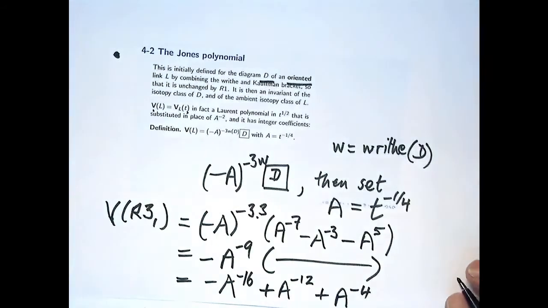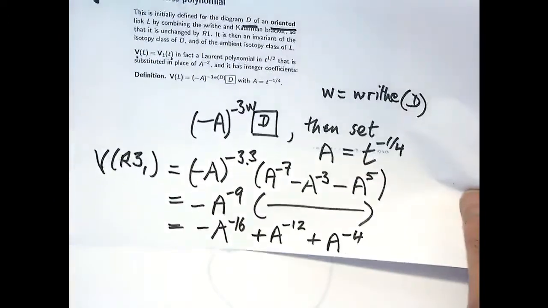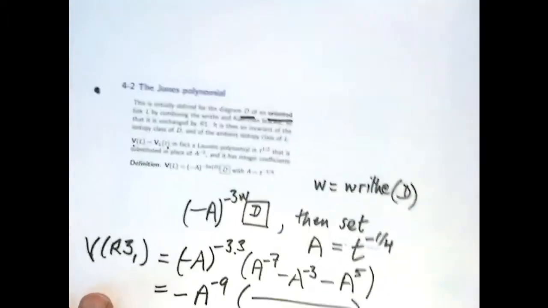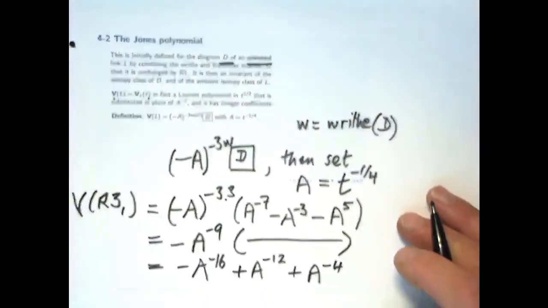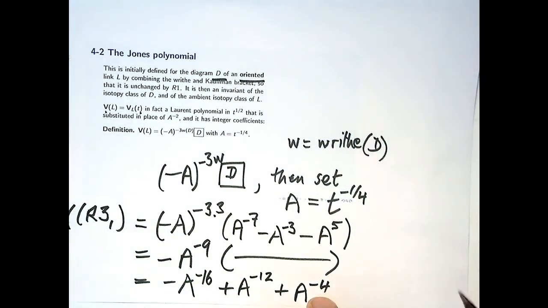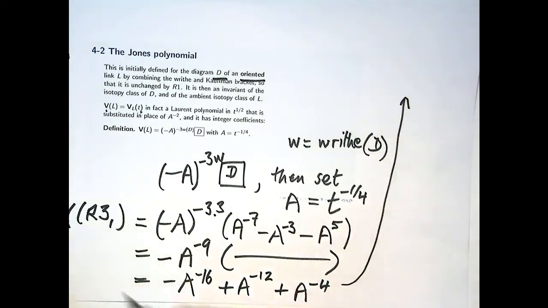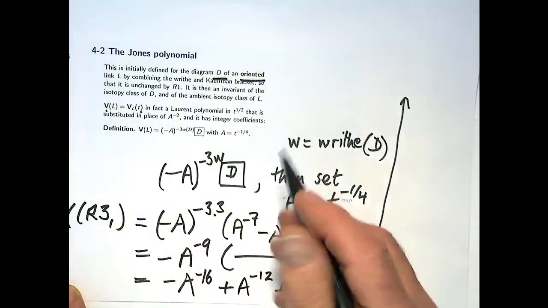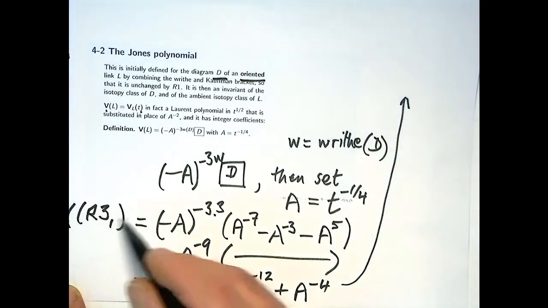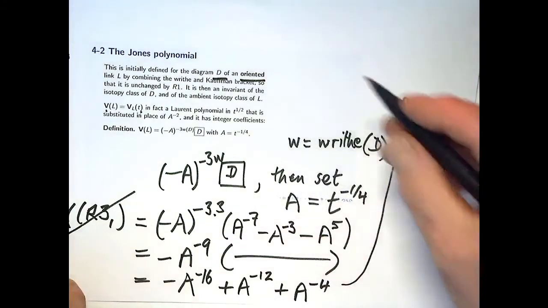Is that right? So the Jones polynomial. This is not quite V because I've still got the A. Not quite right to say that's V because I've got to change the A into the t.